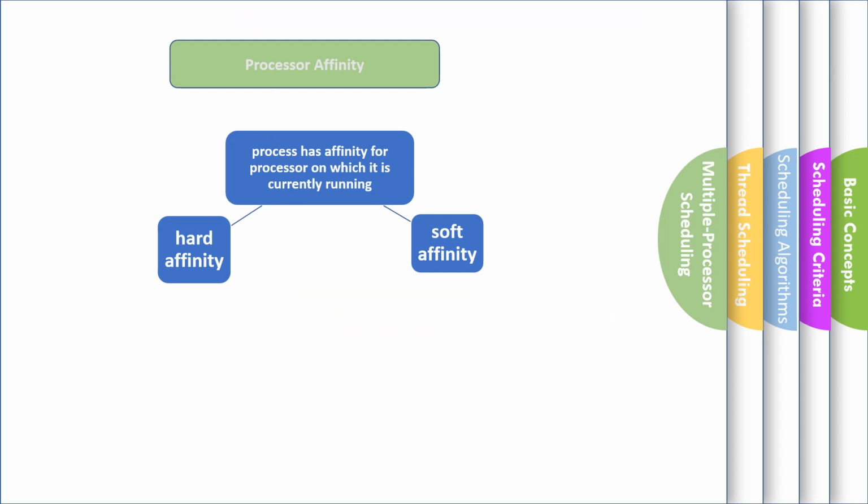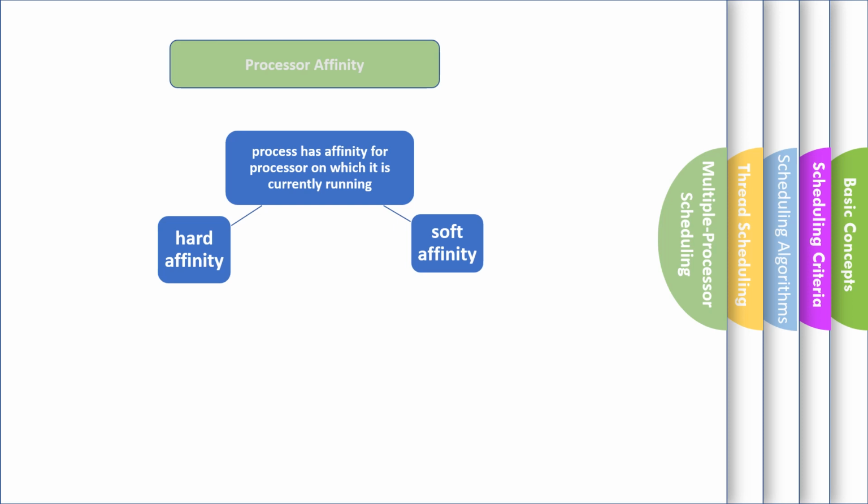In multiprocessor scheduling, processor affinity is another important thing that you need to remember. What does it mean if processors have an affinity? Suppose process P1 is allocated to processor 1.